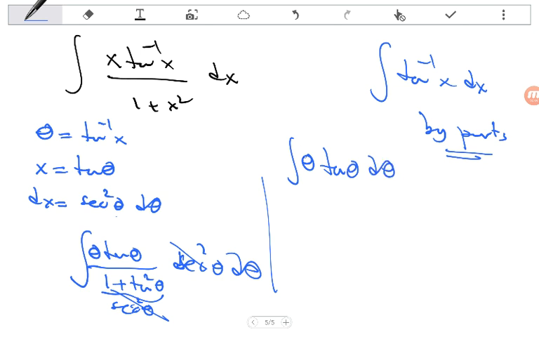Now it is very obvious that this integral is solved by parts. We can make it as theta tan theta. This is 1, this is 0. The integration of tan theta is ln sec theta. Another integral. No, it will not be solved by this method.